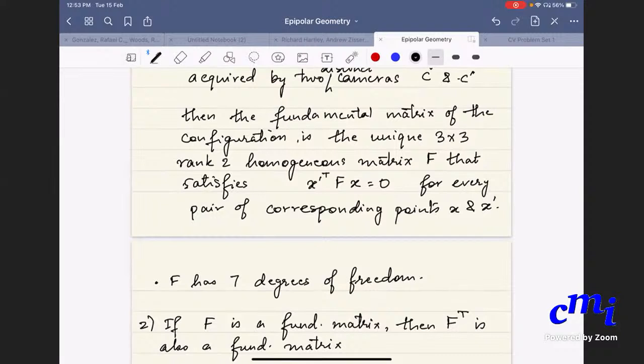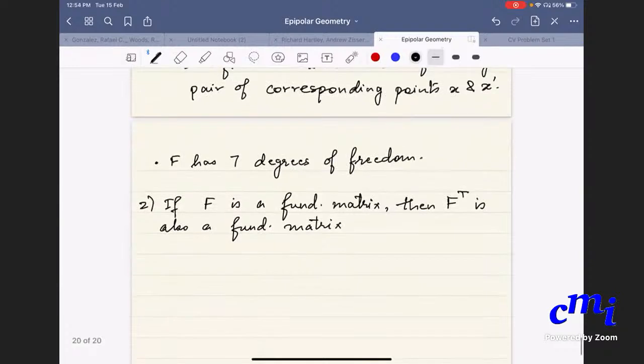If F is a map taking X in the first image and giving you L prime, the corresponding epipolar line in the second image, then F transpose will do the opposite. F transpose will take X prime in the second image and give the corresponding epipolar line in the first image. Since both F and F transpose satisfy this definition, both are fundamental matrices. They do exactly opposite things.